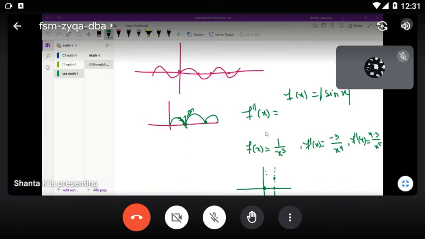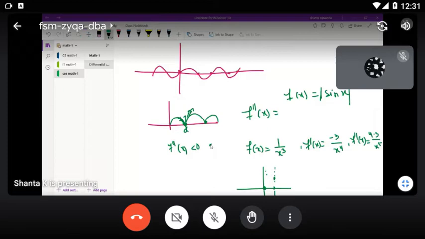With the point of inflection, what I'm saying is, what about the sign here? This f dash x is decreasing. So f double dash x, if you see, here it is negative in the neighborhood.